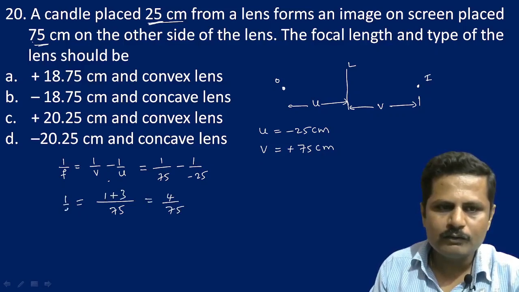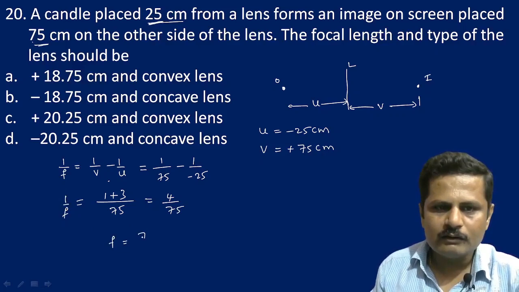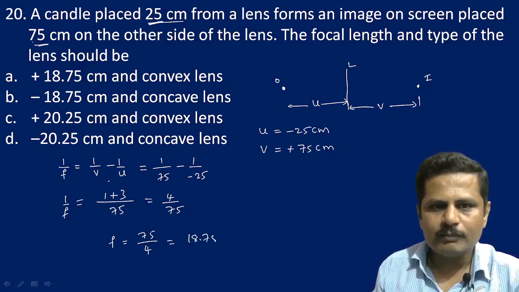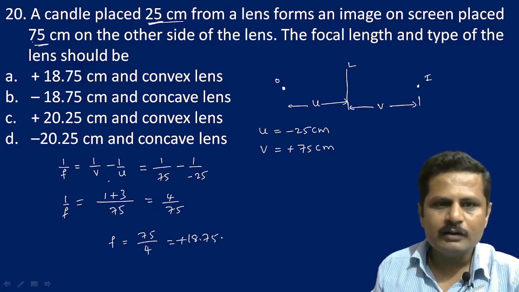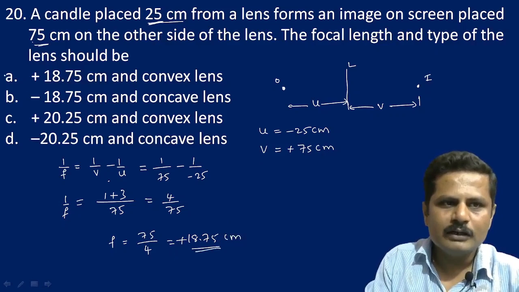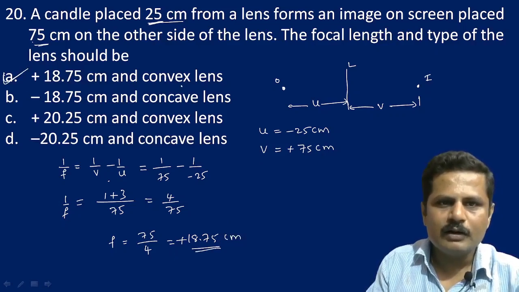So 1 by f equals 4 by 75, that is, f equals 75 divided by 4, which is 18.75, that is plus 18.75 centimeter. So option A is the right answer, plus 18.75 centimeter, and it is a convex lens.